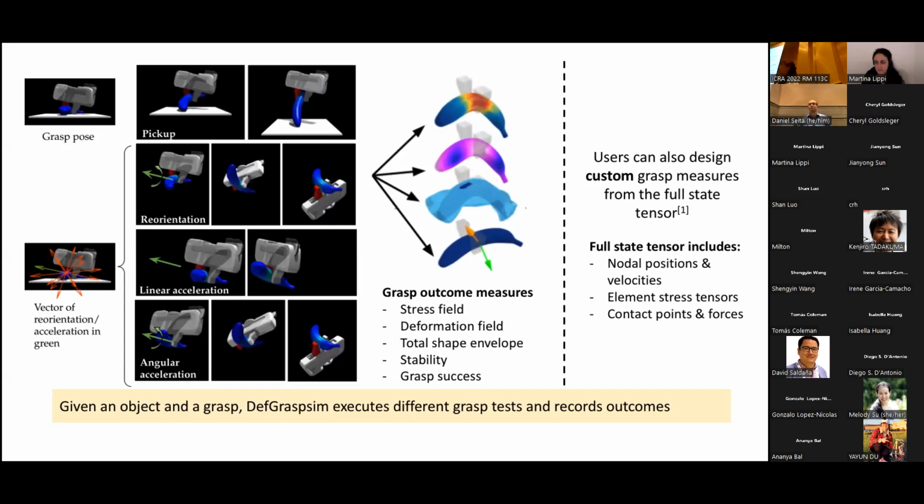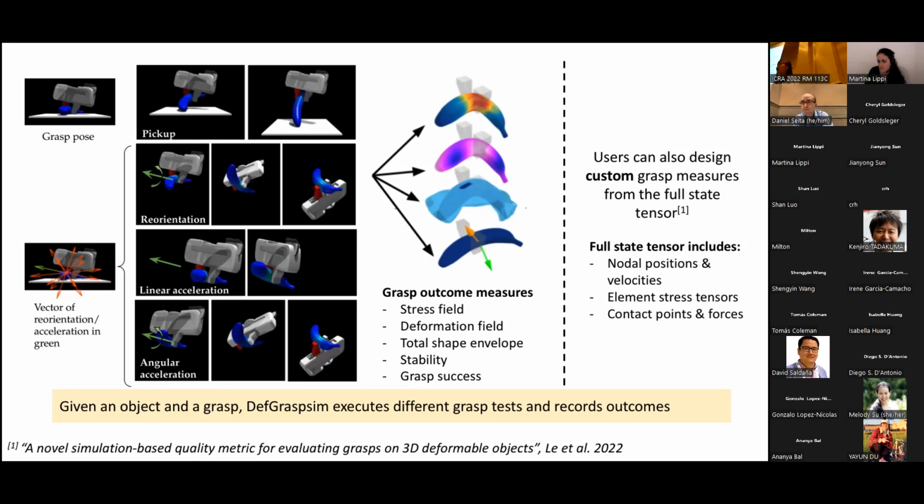And to our knowledge, this is the most complete per time step state tensor that there is out there for 3D deformable objects. So we're happy to see that this ability to design custom grasp measures is starting to be used in the community already. For example, in this recent work by Lei et al. and his team in predicting grasp success.